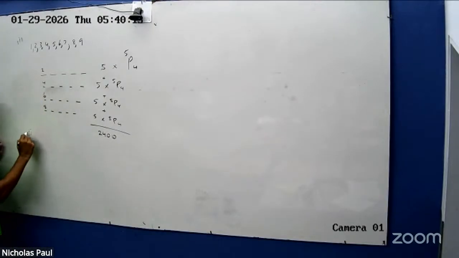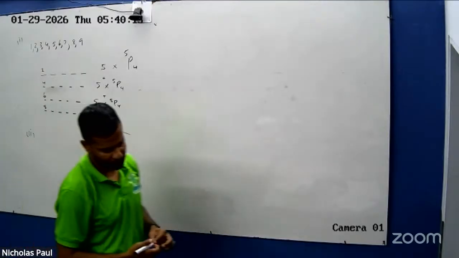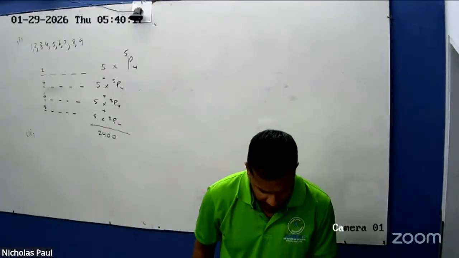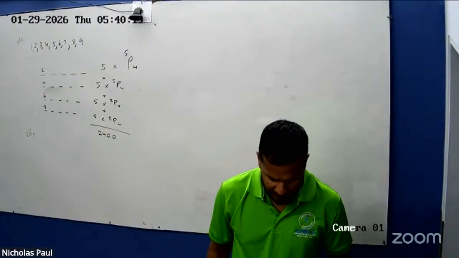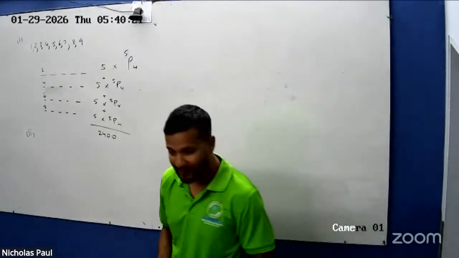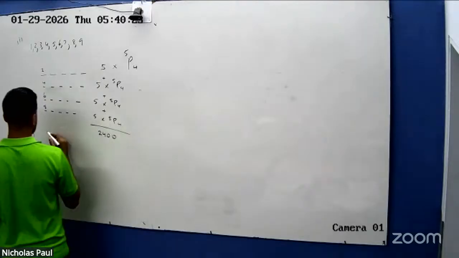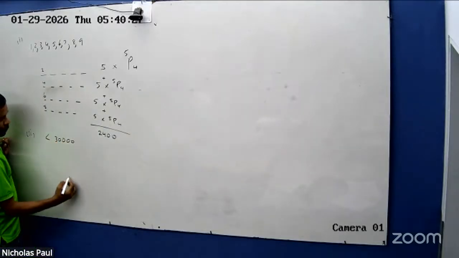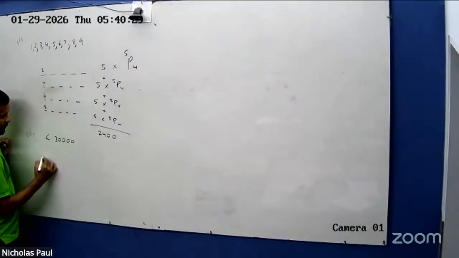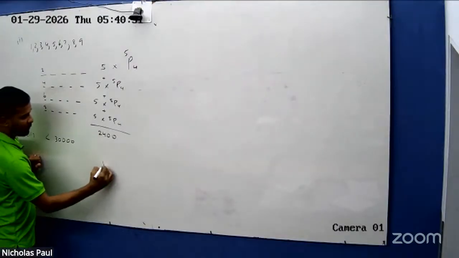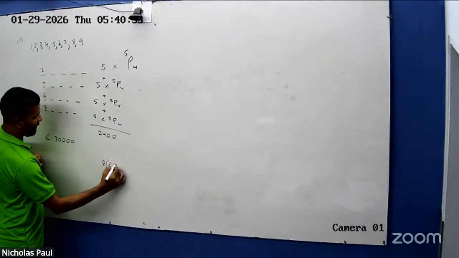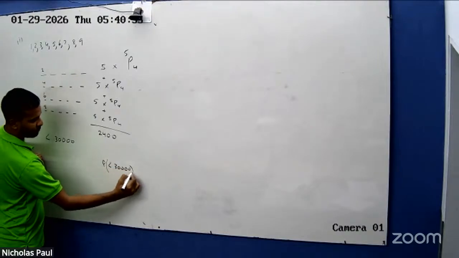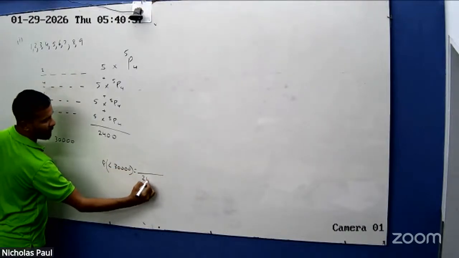Part 2 is what? Part 2, determine the probability that the number from A is less than 30,000. So the number has to be less than 30,000. The total is 2400.